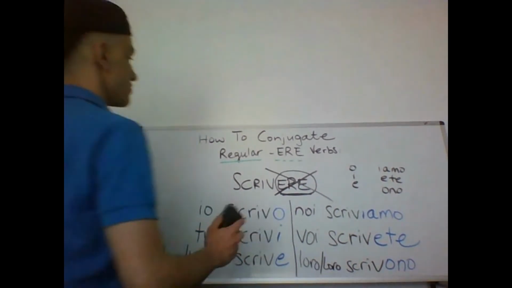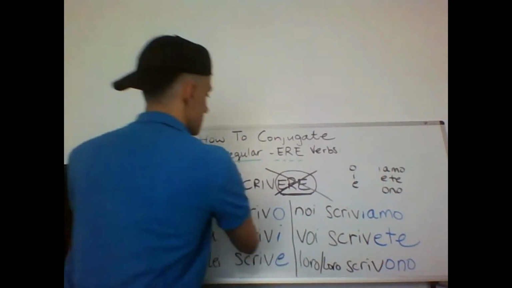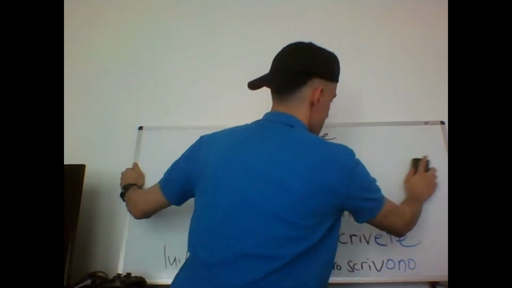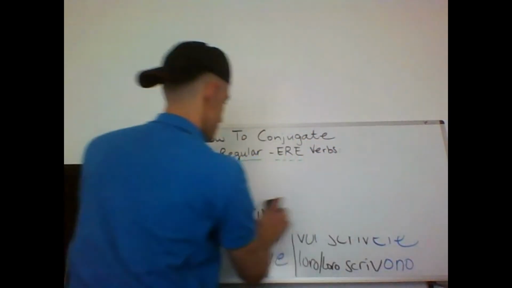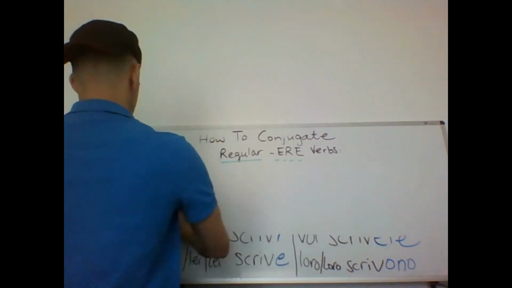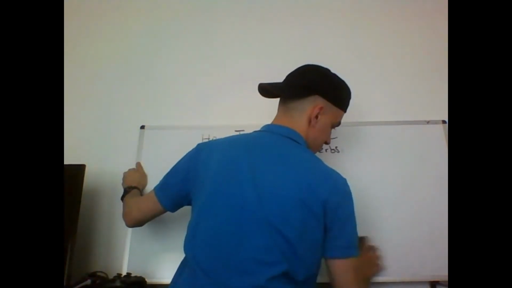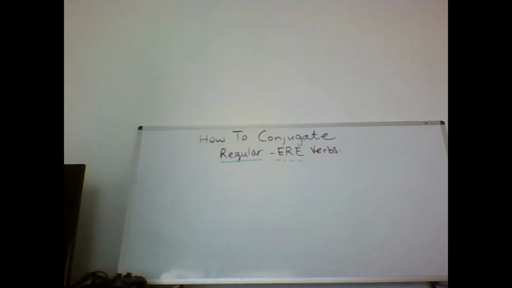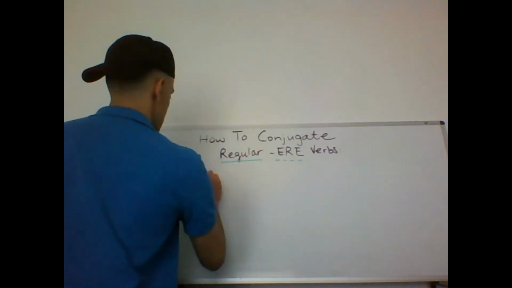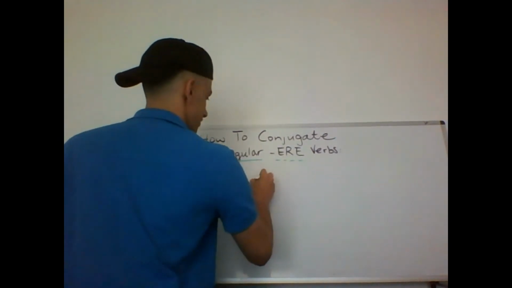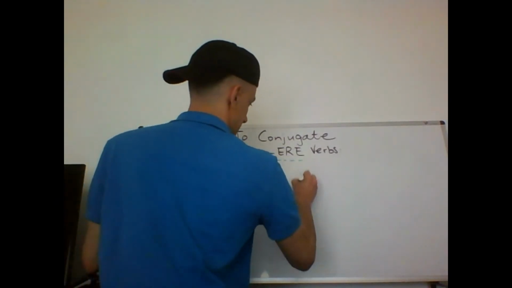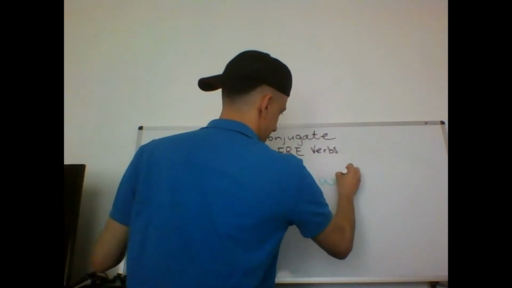So now that I've showed you that, I'm just going to give you some simple vocabulary that you can use with the verb scrivere. So again, the verb scrivere, it means to write.